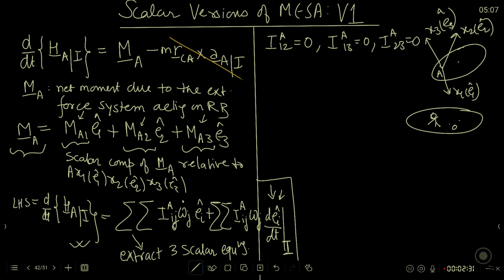Right? And the matrix being symmetric, the other three are also zero. So these double summations, what you are seeing here, can be simplified. It will have very few surviving terms, and those surviving terms I am going to write here.